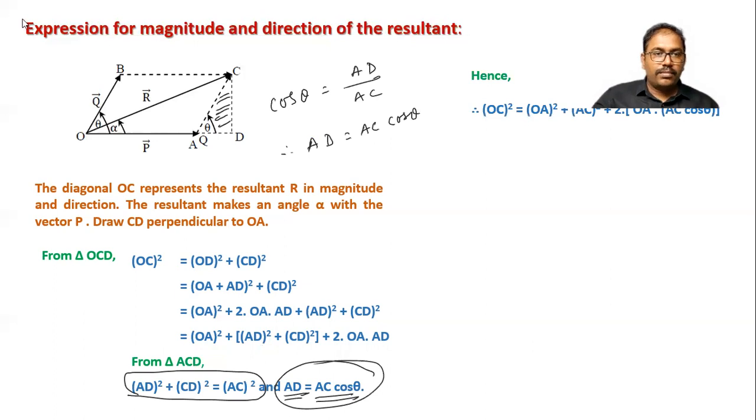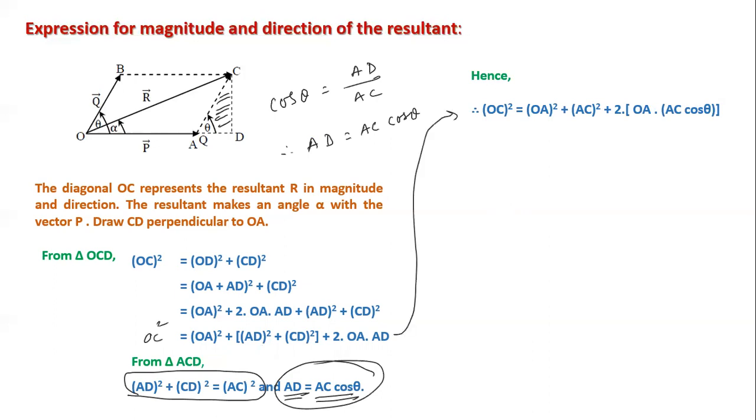Now, hence, we can write this equation again. OC square is equal to OA square as it is. Instead of these two terms, I write AC square plus 2 OA into, instead of AD, AC cos theta.